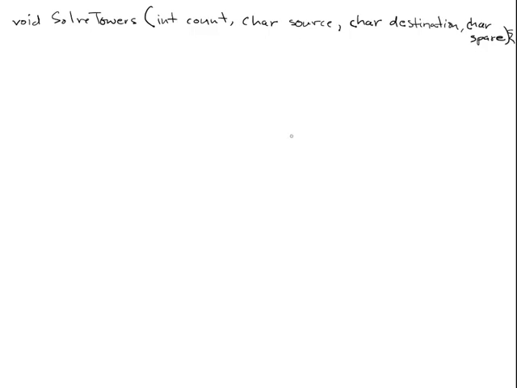All right. So remember our base case. If count equaled 1, then we moved our disk from the source to our destination. All right. That's simple enough. Let's just print out a message.